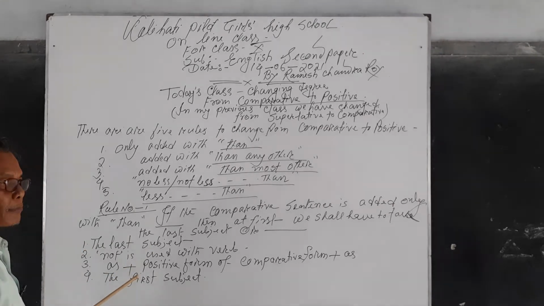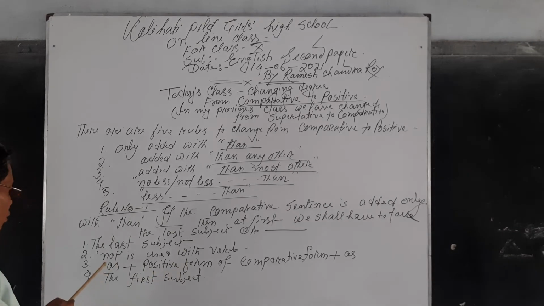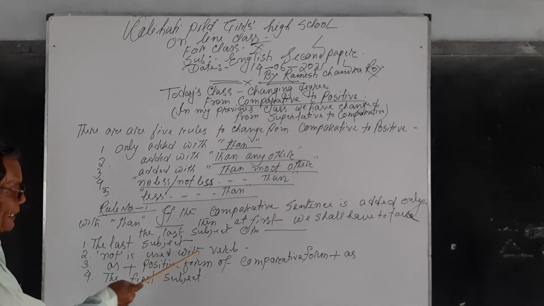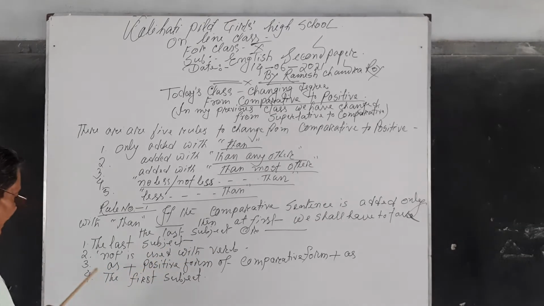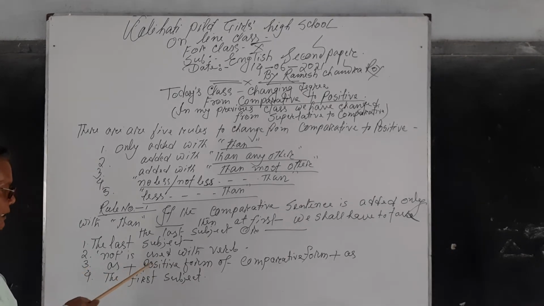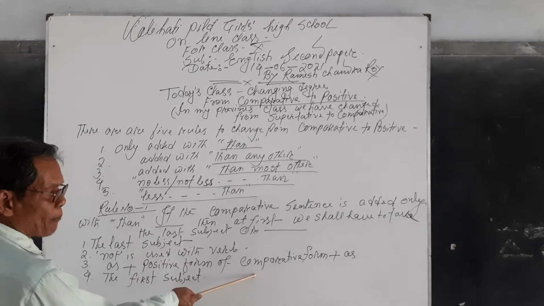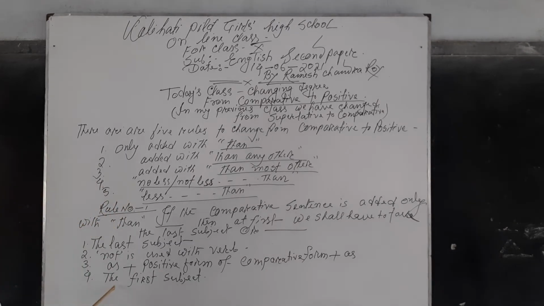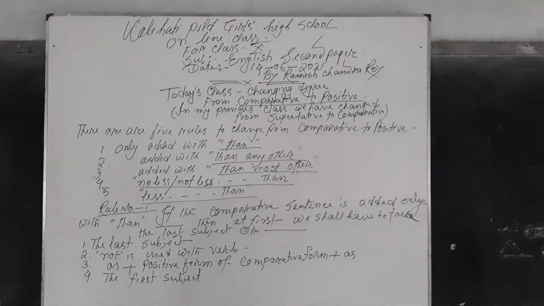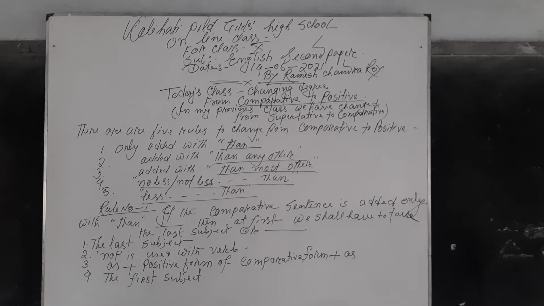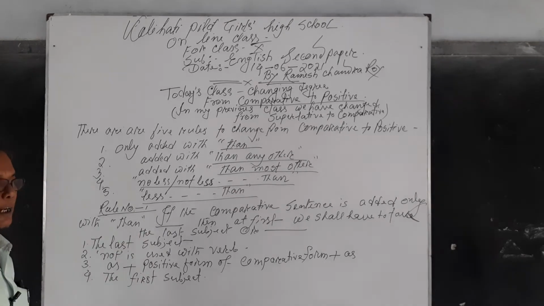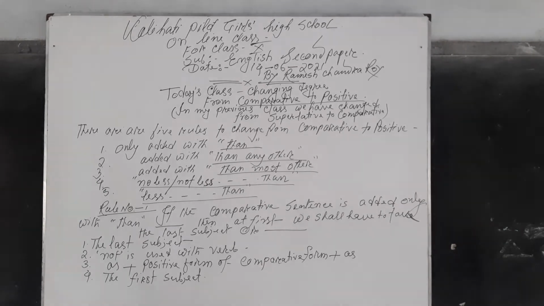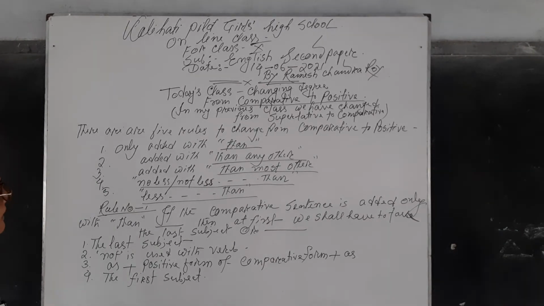Okay? Number two, not is used with verb. And number three, as plus positive form of comparative form plus as. And number four, the first subject. If we use this rule, then the comparative form will be changed into positive form.